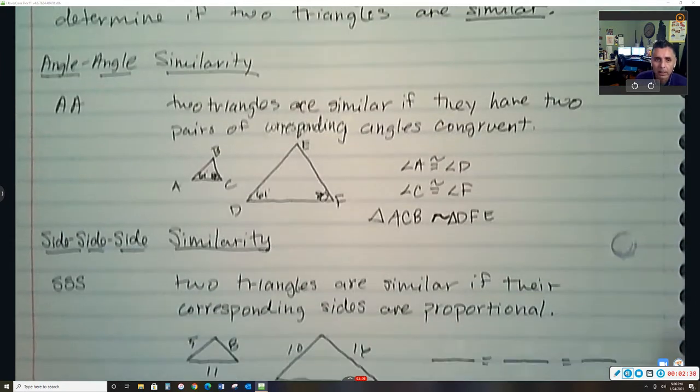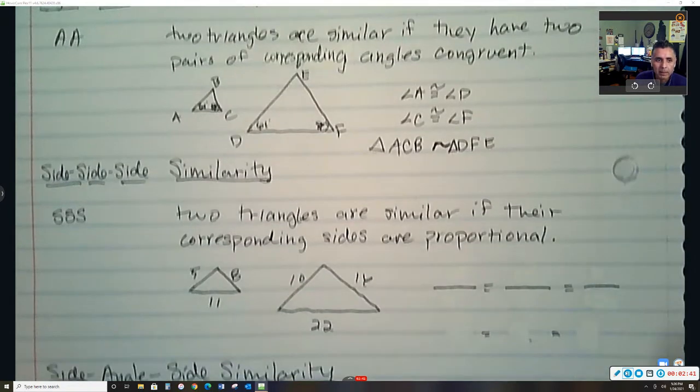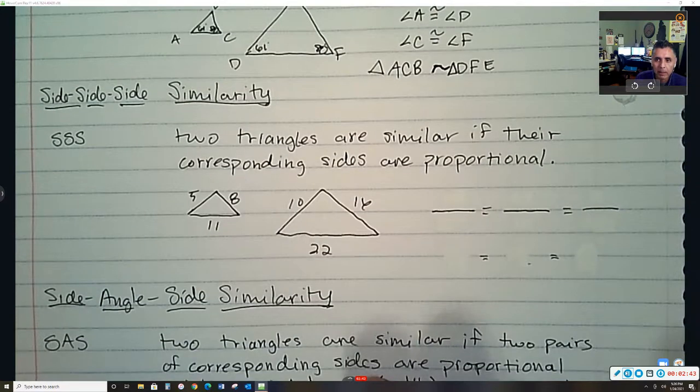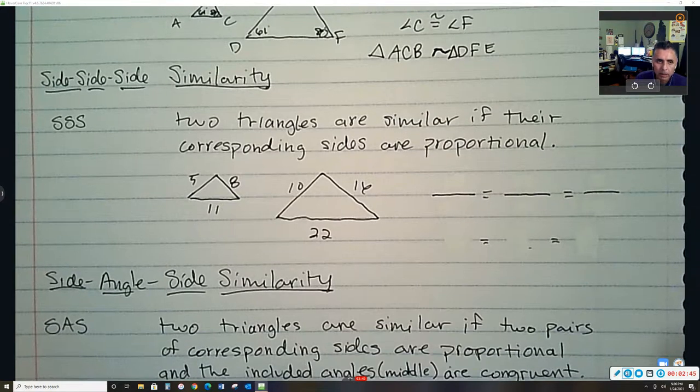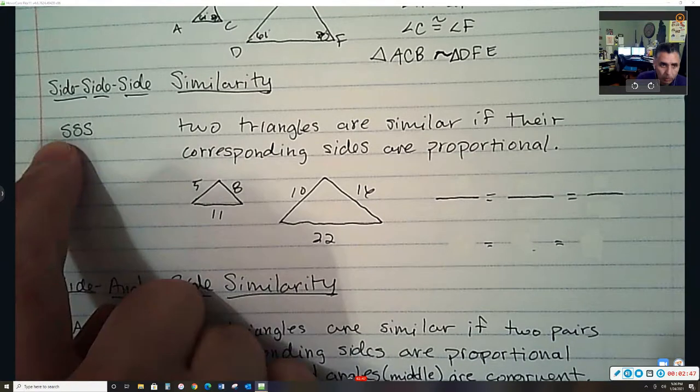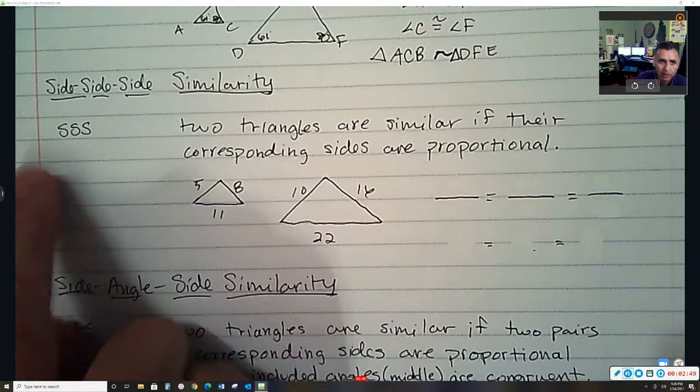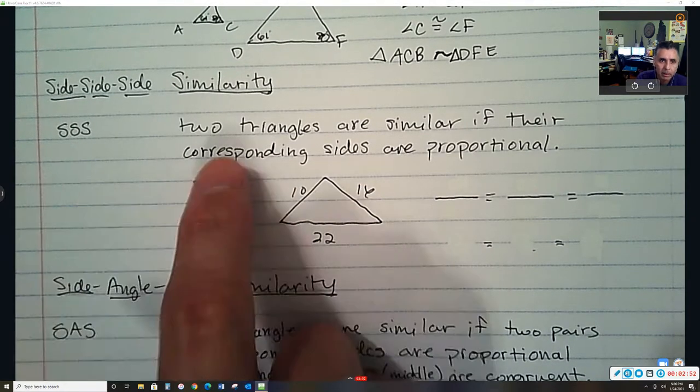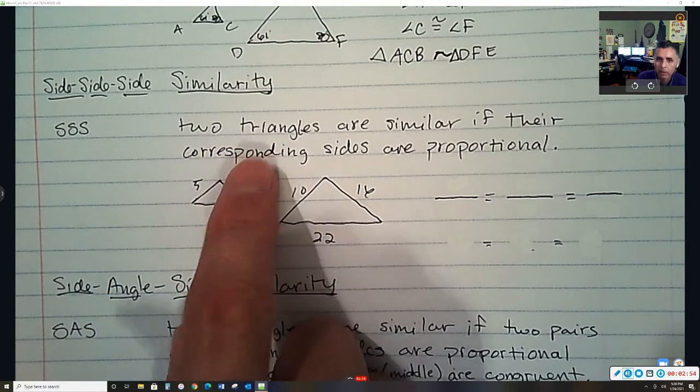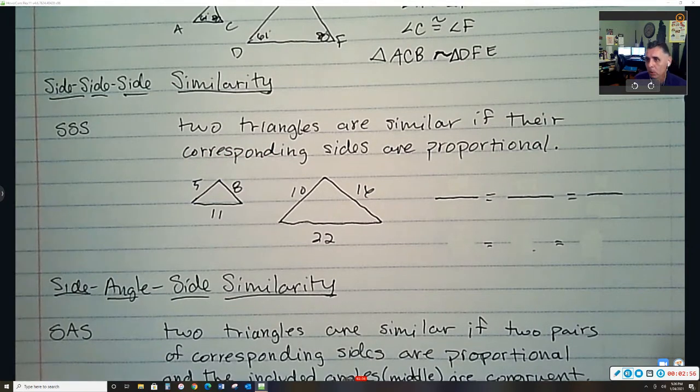And then we also have the side similarity. For that one, I won't write side similarity, I'm just going to put SSS. It says two triangles are similar if their corresponding sides are proportional.